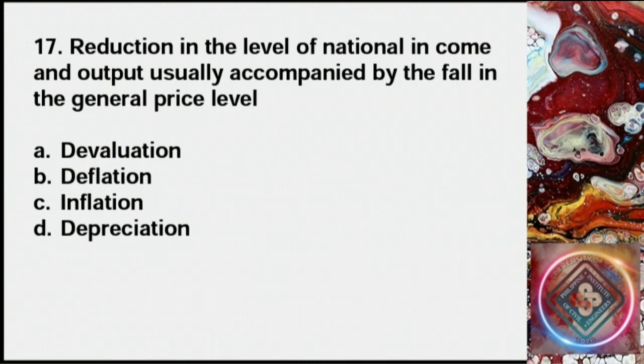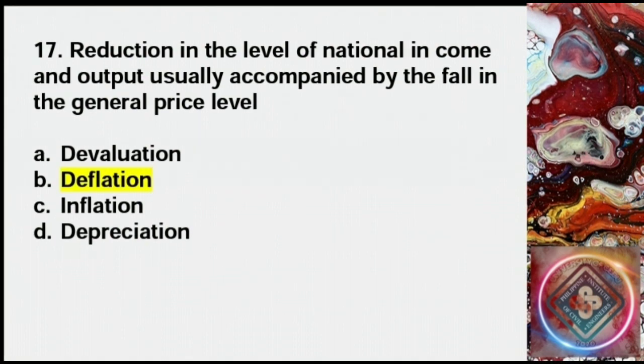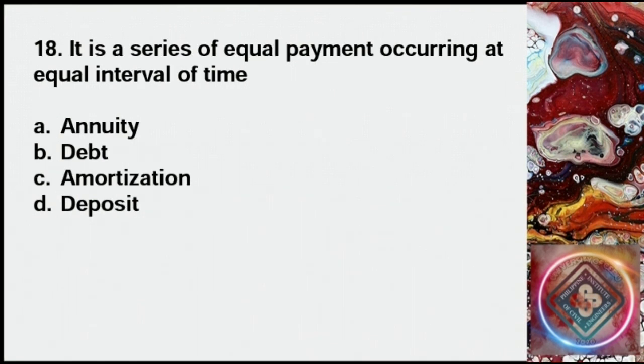17. Reduction in the level of national income and output usually accompanied by the fall in the general price level. A. Devaluation, B. Deflation, C. Inflation, D. Depreciation. B. Deflation. 18. It is a series of equal payment occurring at equal interval of time.